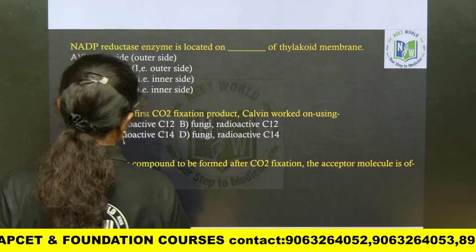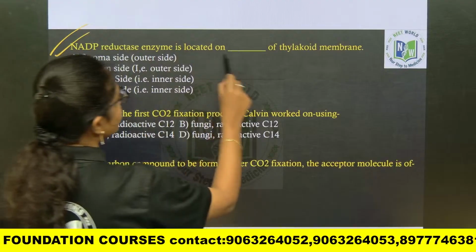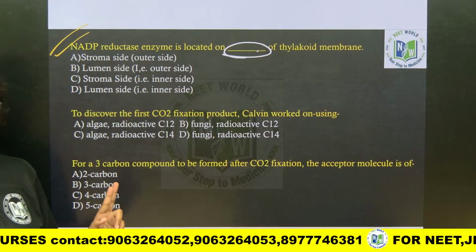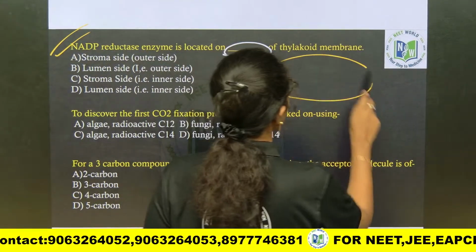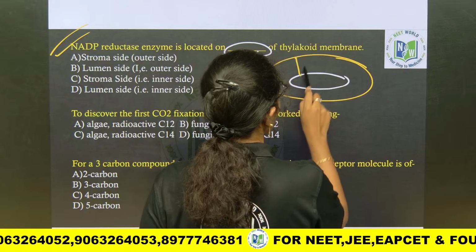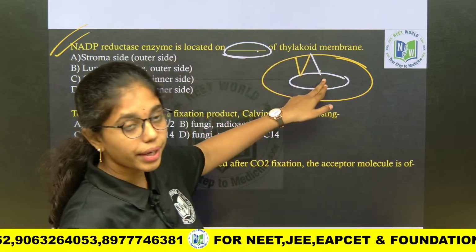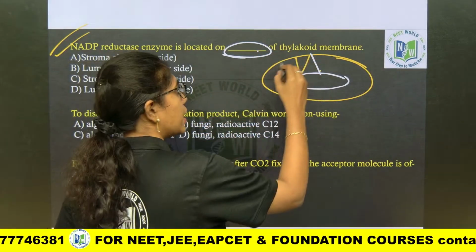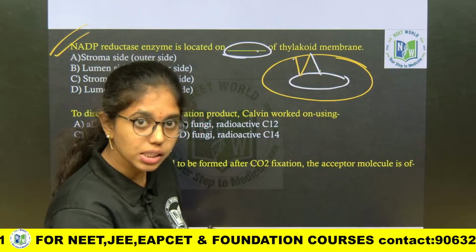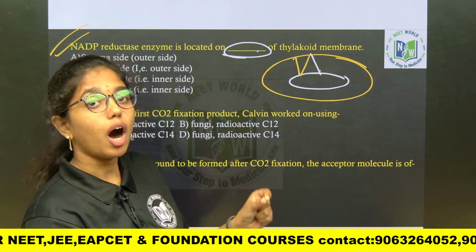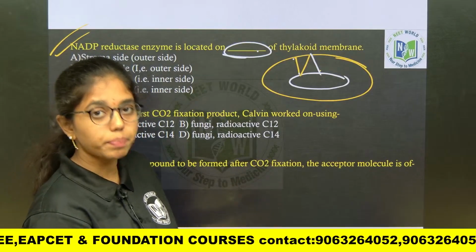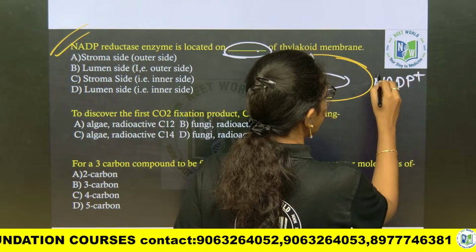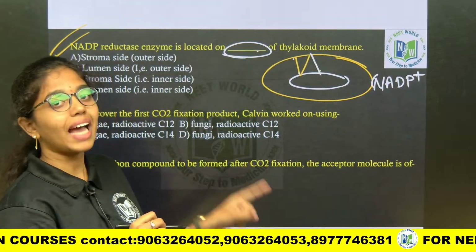NADP reductase enzyme is located on dash of the thylakoid membrane. Where is it located? Okay, NADP reductase. Fine. So, Z scheme which is operated in the thylakoid membrane, all the protein carriers which are present for this ETS are in thylakoid membrane itself, but the ultimate or the last electron acceptor of the Z scheme is NADP plus, which is located on the outer side of the thylakoid membrane.